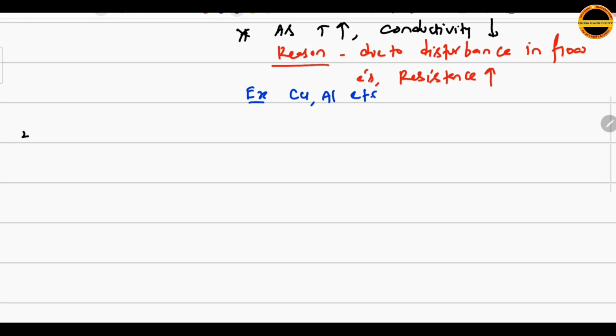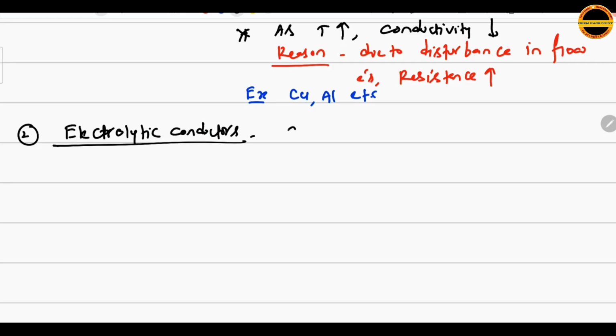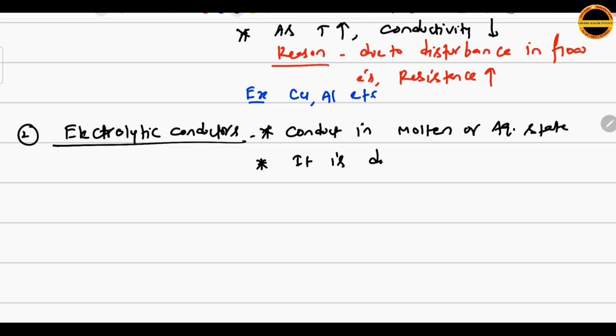Next, electrolytic conductors. How do they conduct electricity? Electrolytic conductors conduct electricity in molten state or aqueous state. It is due to flow of ions.